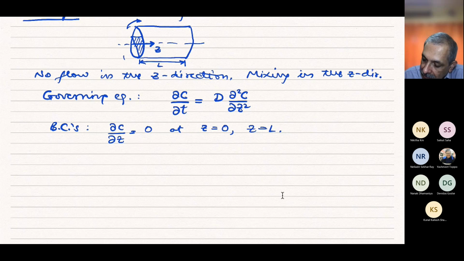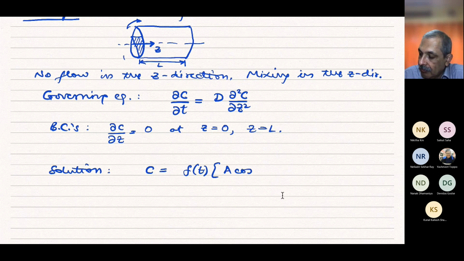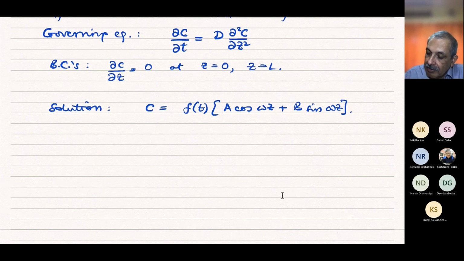Okay, now let's look at the solution. Here we assume that the solution is something like C is equal to some function of time into A cos of omega Z plus B sine of omega Z. So from here, first of all, let's apply the boundary conditions to find out what A and B are, and that will make things a little bit simpler.